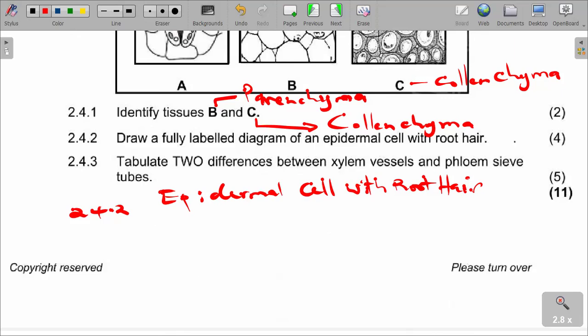So this can be that thing, and then we also have our other piece.